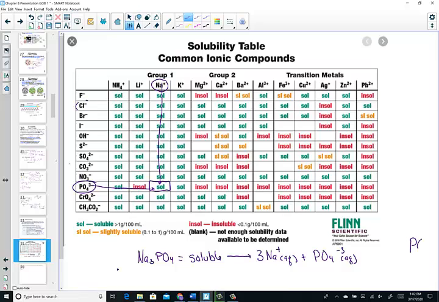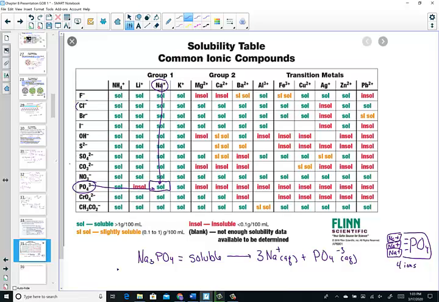So remember, you have phosphate with a magnitude of -3. It takes 3 positive sodium ions to balance the charge. So a total of 4 ions would come out when that separates from its salt into aqueous ions. A total of 4 ions are now dissolved in that water.